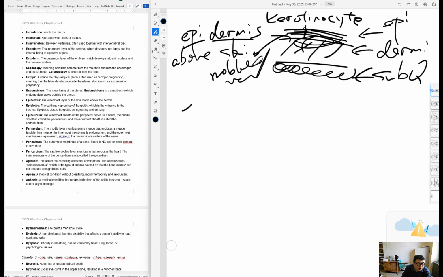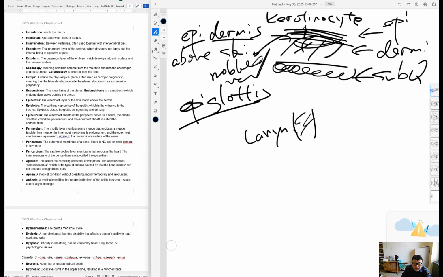And epiglottis is the cap. Say this is the larynx, the vocal box, and behind the larynx is the esophagus.